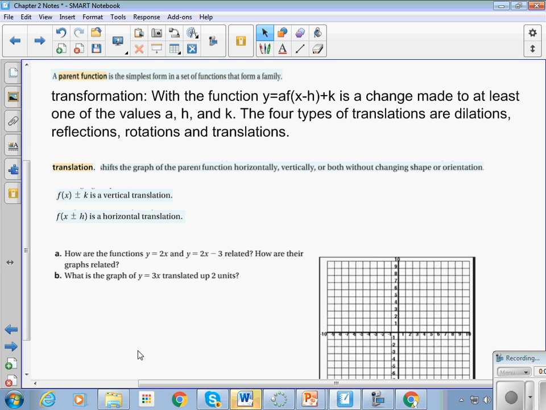All right, so you are writing these example problems on your paper. We are going to look at how y equals 2x and y equals 2x minus 3 are related. How are their graphs related?